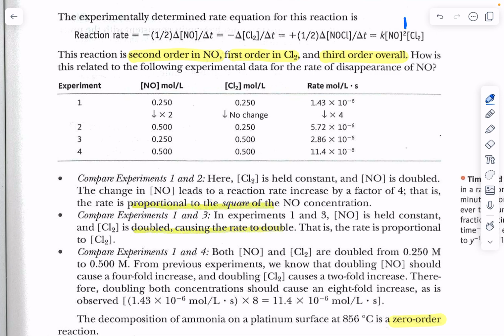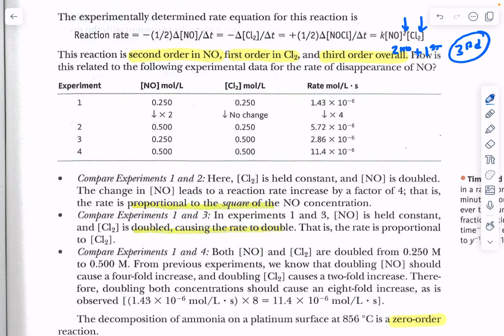Now here they already jumped to the conclusion it's a 2 and a 1. So we would say that this reaction is second order with respect to nitrogen monoxide, it is first order with respect to chlorine gas, and it's third order overall because we add those two together. But let's see where they got the exponents of a 2 and a 1.